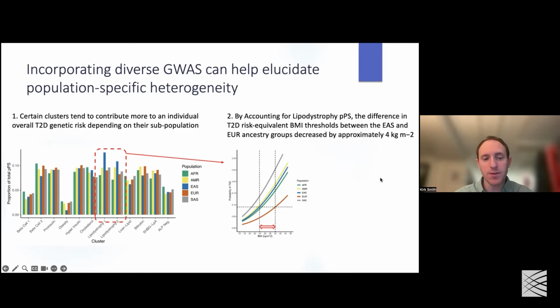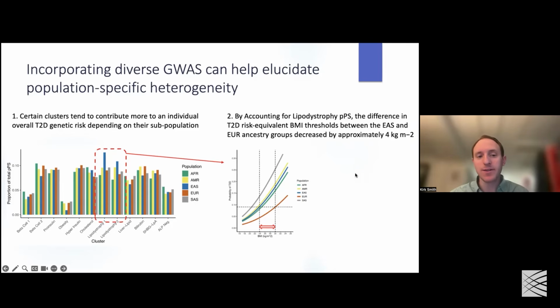If you wanted to somehow try to look at the risk coming from each cluster, you would have to probably normalize the weights or the PPS across clusters before doing that type of analysis. So the takeaway here is that we're looking at population differences within a cluster.